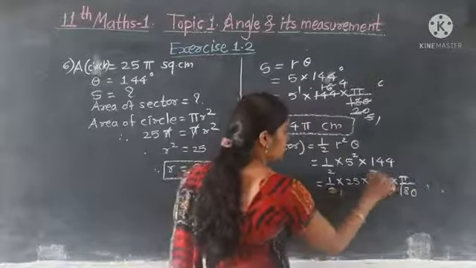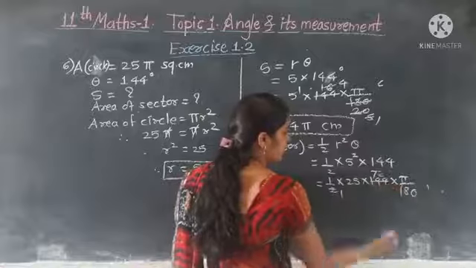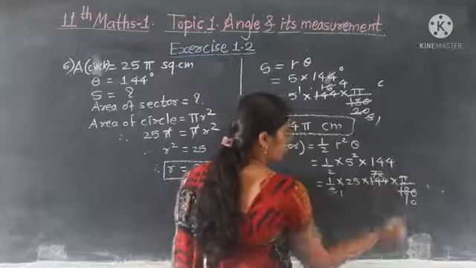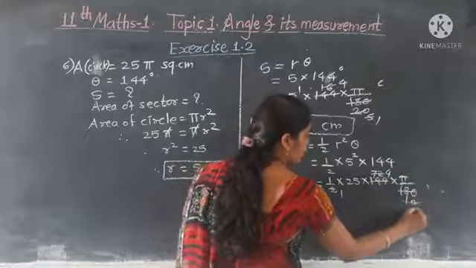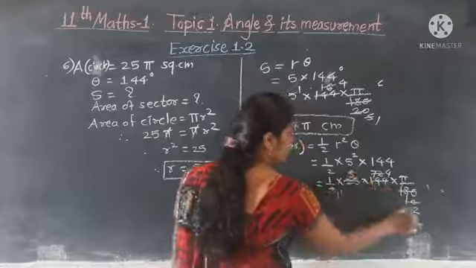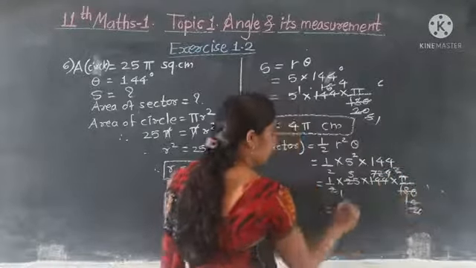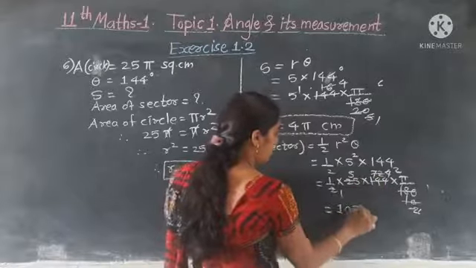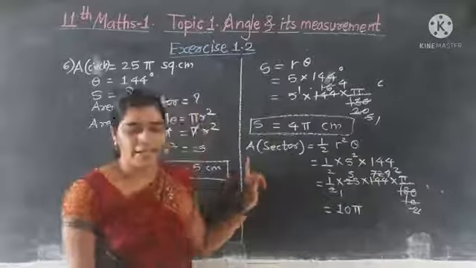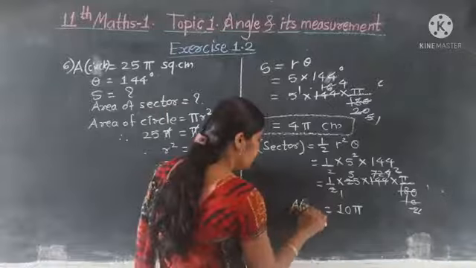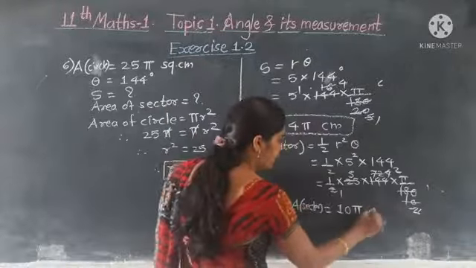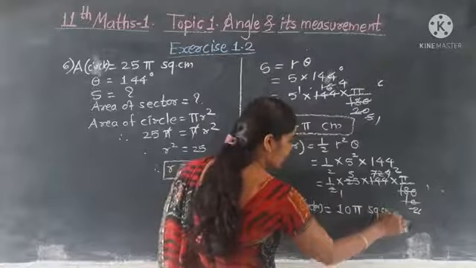Simplifying, we get 10 pi. So we get the area of sector as 10 pi square centimeter.